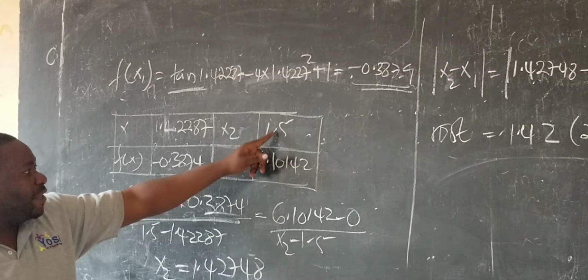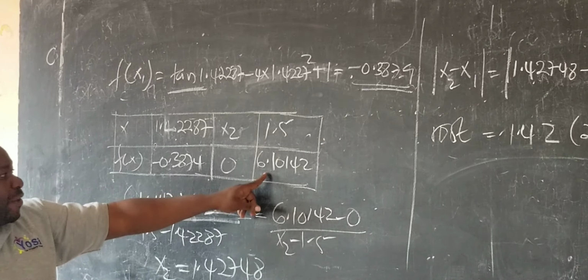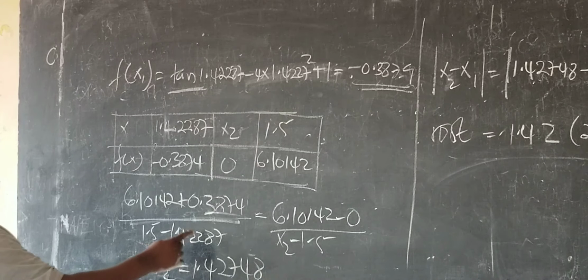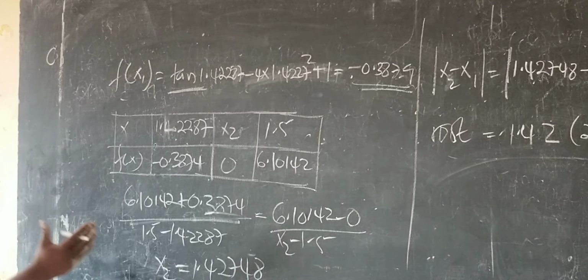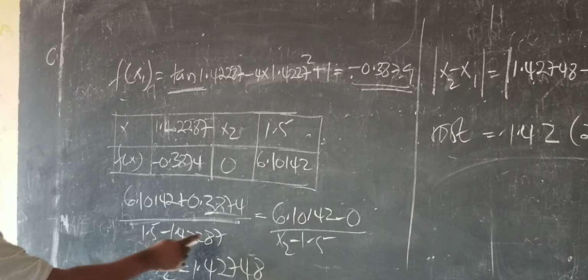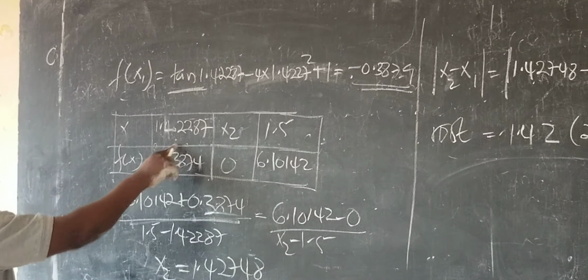Then this one here stays 1.5 and its corresponding value remains the same. Then we use the change in y over change in x. This is the negative, it becomes a plus here, then over change in x.